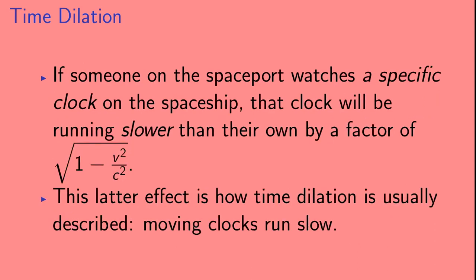If someone on the spaceport watches a specific clock on the spaceship, that clock will be running slower than their own by a factor of the square root of 1 minus v squared over c squared. This latter effect is how time dilation is usually described. Moving clocks run slow.